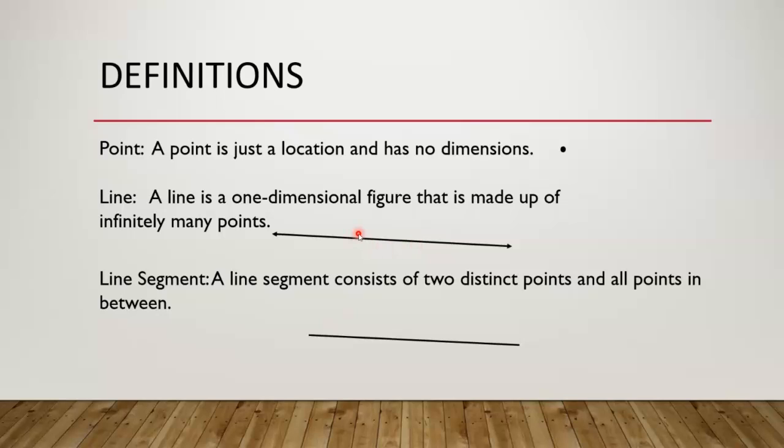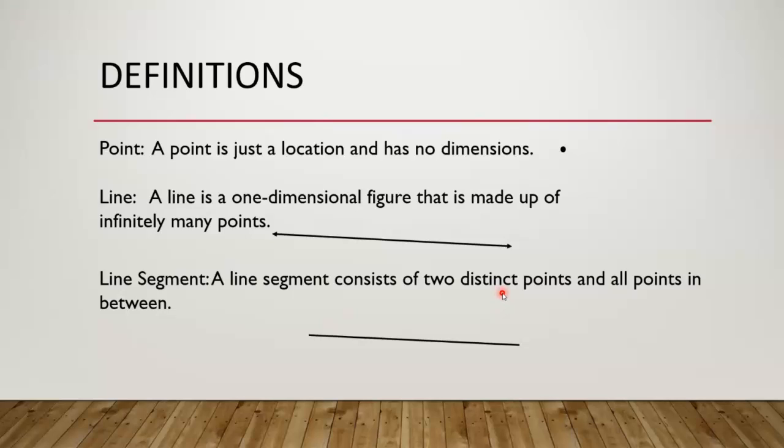And a line also has infinite length, mostly because it extends indefinitely in both directions. A line segment, though, that's when you have two distinct points, and then you have all the points in between. Distinct points just means that the points don't lie on top of each other.